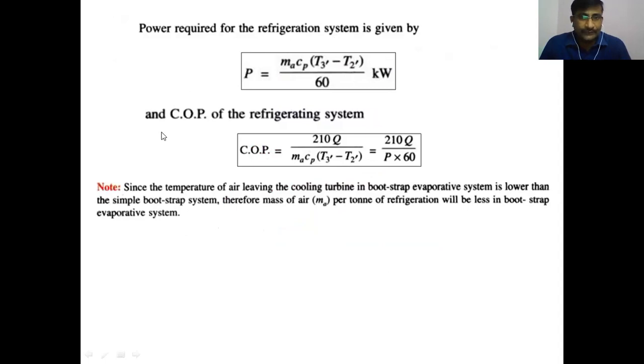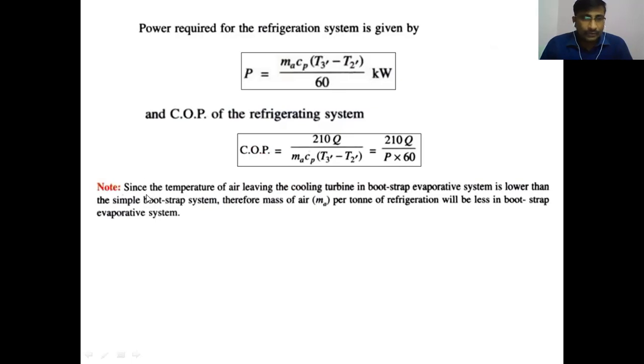Finally, the COP of the refrigerating system is the refrigeration effect divided by the work required: 210 into Q divided by MA into Cp into (T3 minus T2), or 210 into Q divided by P into 60. This is the COP formula, as I explained earlier for every system. The formulas are the same.